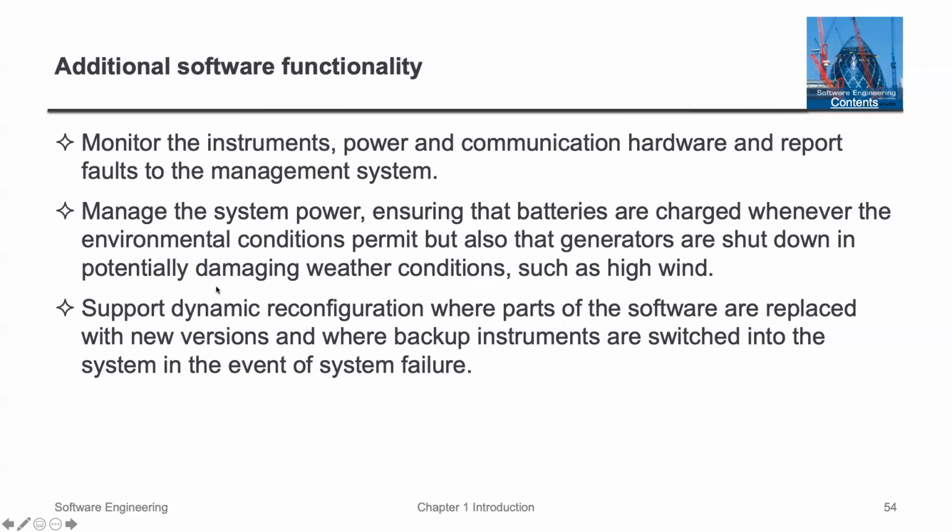So it needs to be responsive to any type of inputs that might affect performance or protect the system, and then support dynamic reconfiguration when parts of the software are replaced with new versions and where backup instruments are switched into the system environment as a result of a system failure.